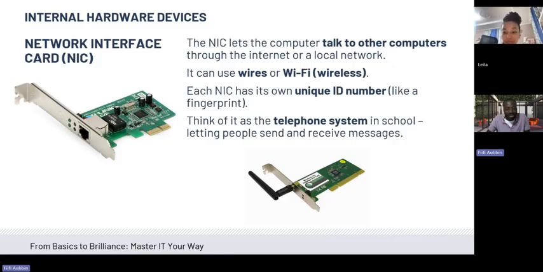For desktop computers, we have this going into a PCI slot, this also going into a PCI slot, to give you access to a network. And as we expand, we talk about the MAC address, which is an identifier for the network interface card.